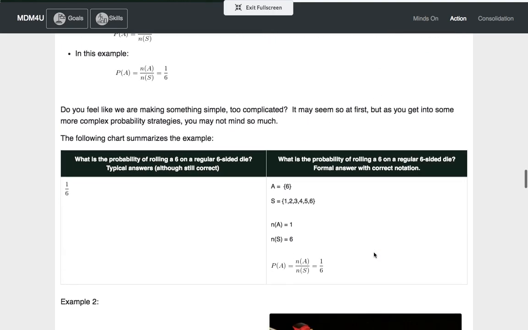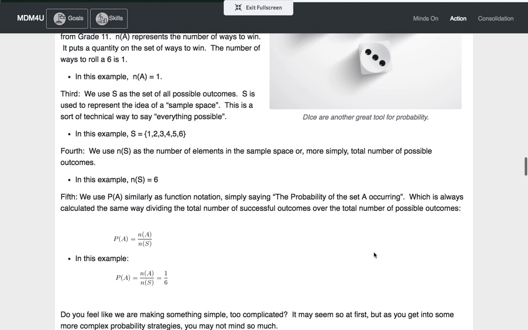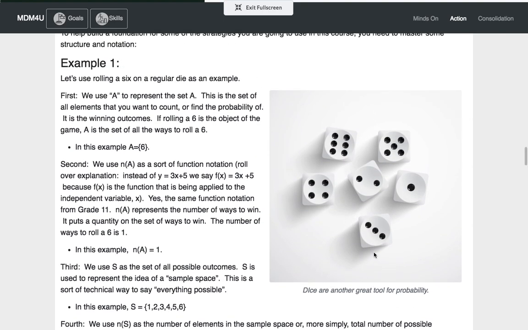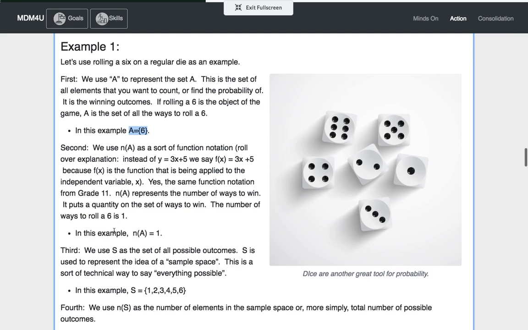And just to summarize what I'm looking for, at the very top here, we can use A to represent set A. So A is 6 because we want the dice to land on the 6 face. And then we talk about n(A) = 1.